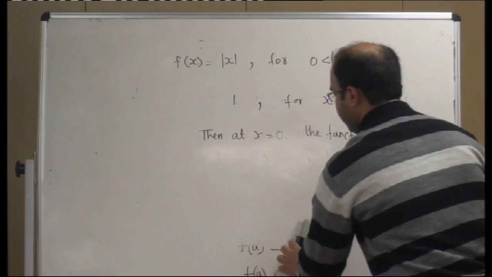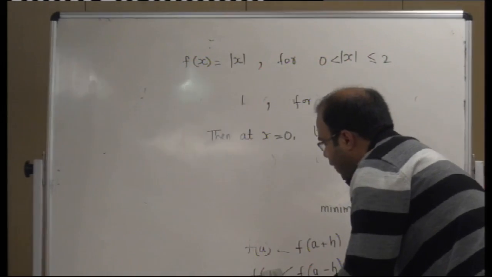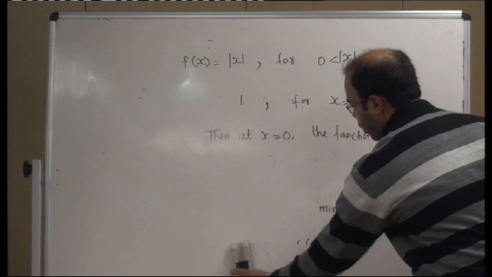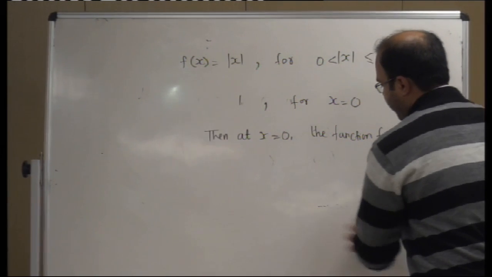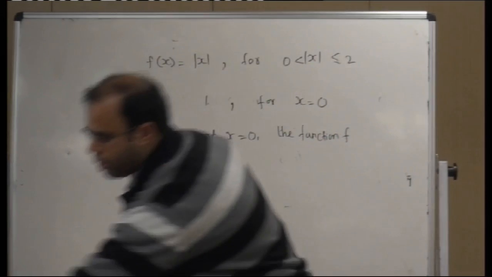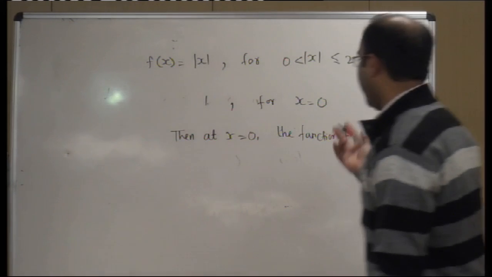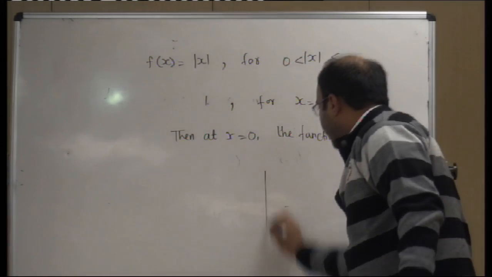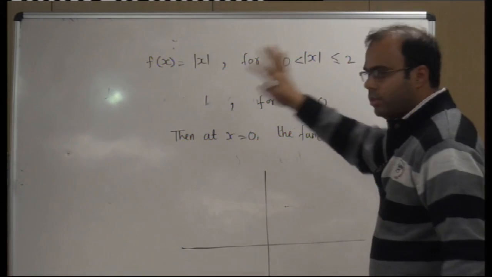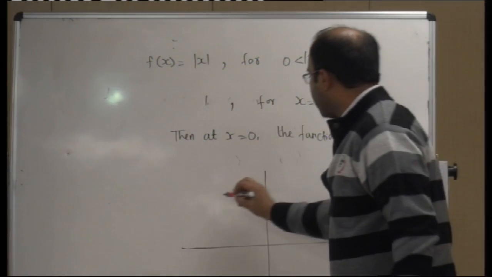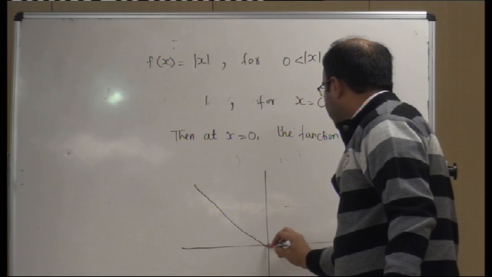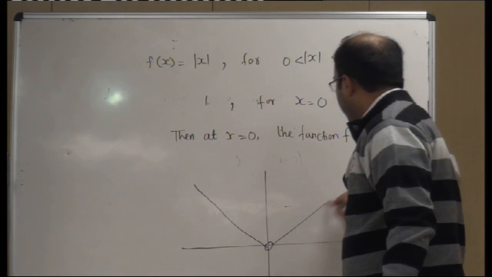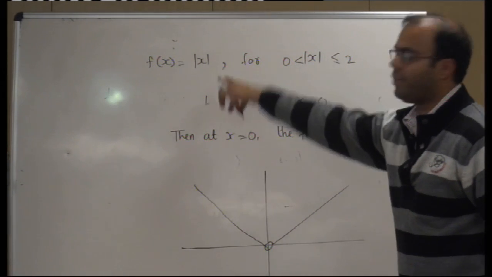So when we talk about the definition of maxima and minima, we can find whether at x equal to 0 it is a maxima or minima. If you go to the definition we have studied just now, f(x) equal to mod x is a function like this, but at x equal to 0 it has not been defined as mod x.